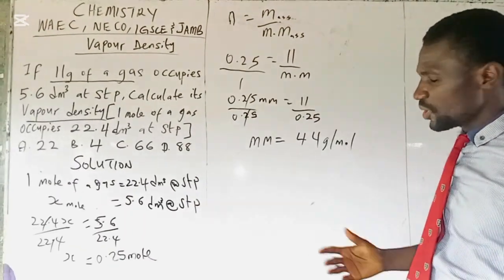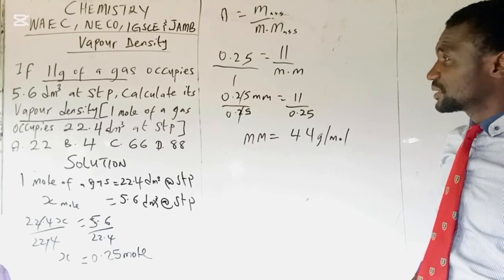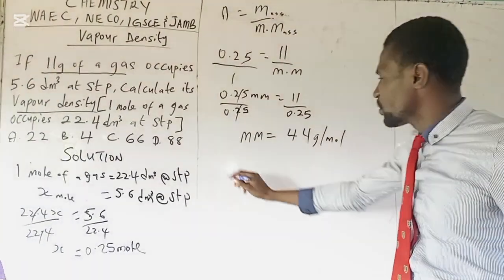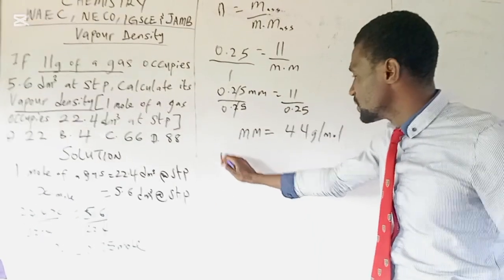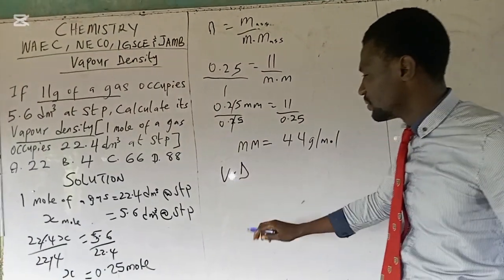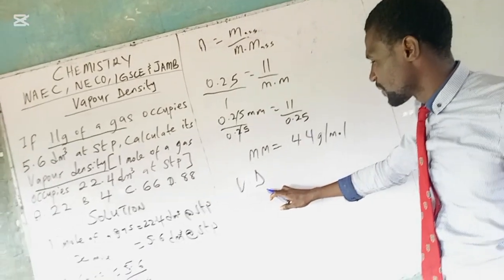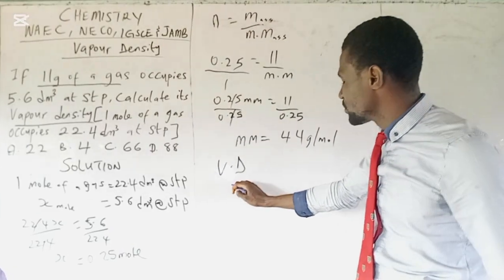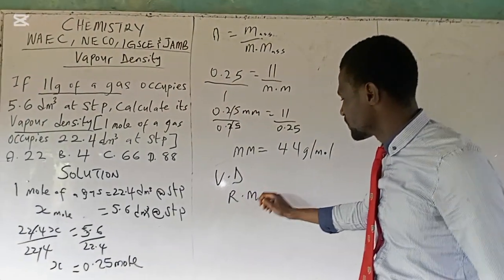Now we want to get our vapor density. The question says calculate its vapor density. So there is a formula for vapor density. We use relative molecular mass.